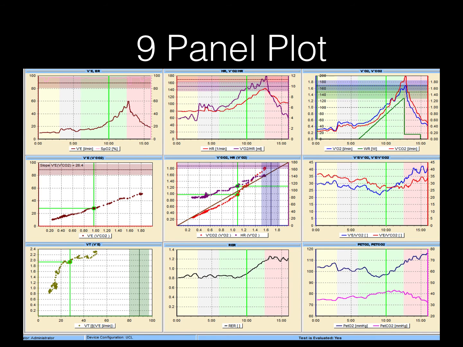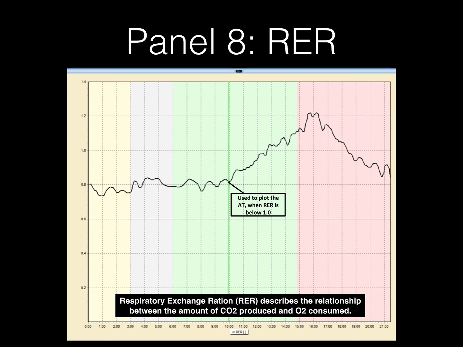Back to the 9-panel plot, and we're going to look at the respiratory exchange ratio. The respiratory exchange ratio is the ratio of VCO2 divided by VO2. In health, it's normally about 0.8, which represents the balance between carbohydrate metabolism and fat metabolism.